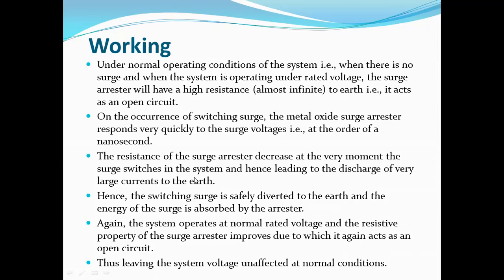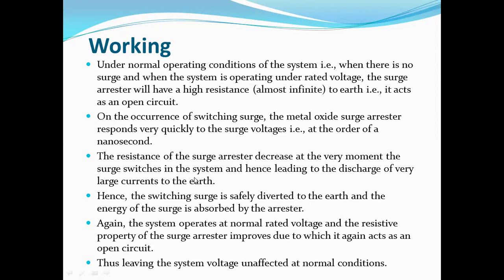Hence the switching surge is safely diverted to the earth, and the energy of the surge is absorbed by the arrestor.